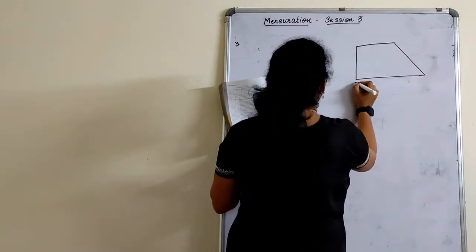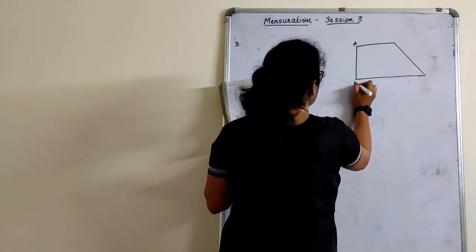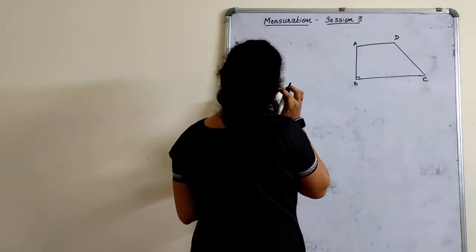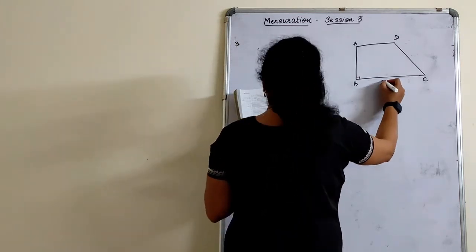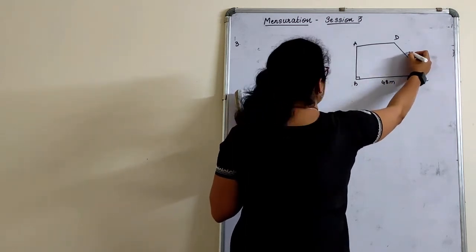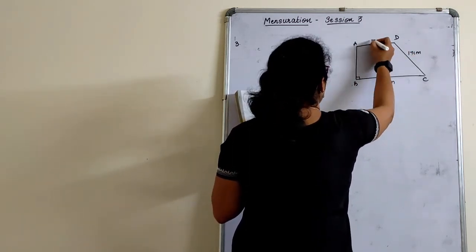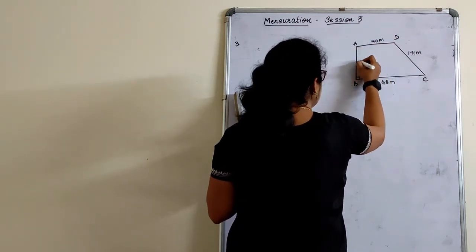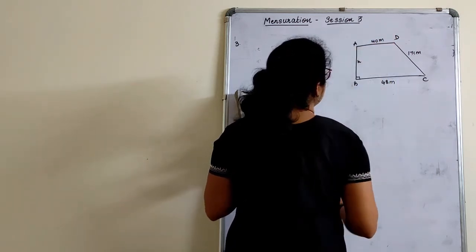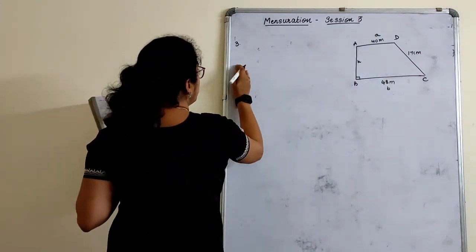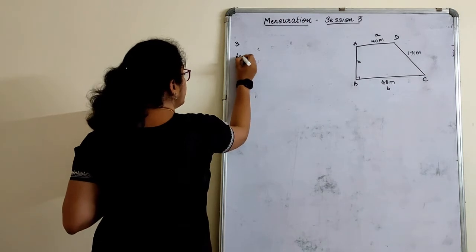So this is A, B, C and D. We'll repeat once again. BC is 48 meter, CD is 17 meter, AD is 40 meter, this is perpendicular, so this itself is the height here. Okay, this itself is height. This is A and this is B. So first of all, let us write according to what we know.